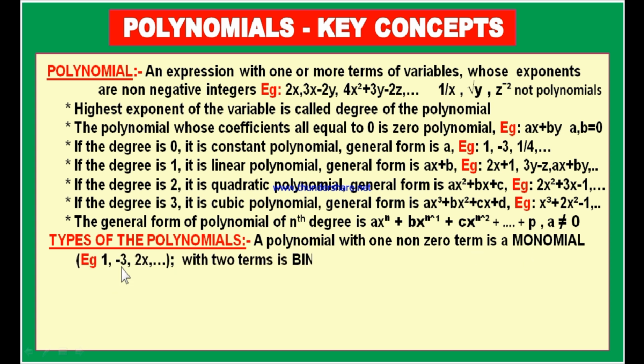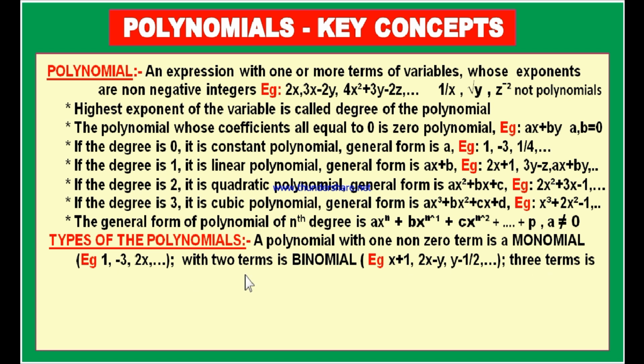For example, 1, minus 3 or 2x and so on. If you observe all these, here is only one term, here is only one term. In this case also there is only one term. All such polynomials are called monomials. Monomial means a polynomial with only one non-zero term.